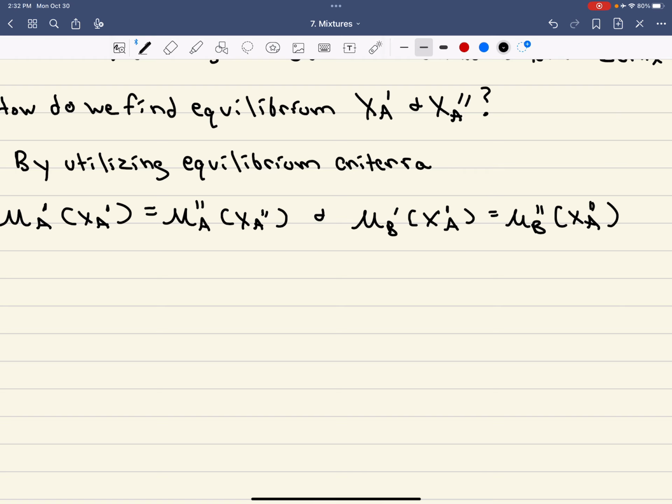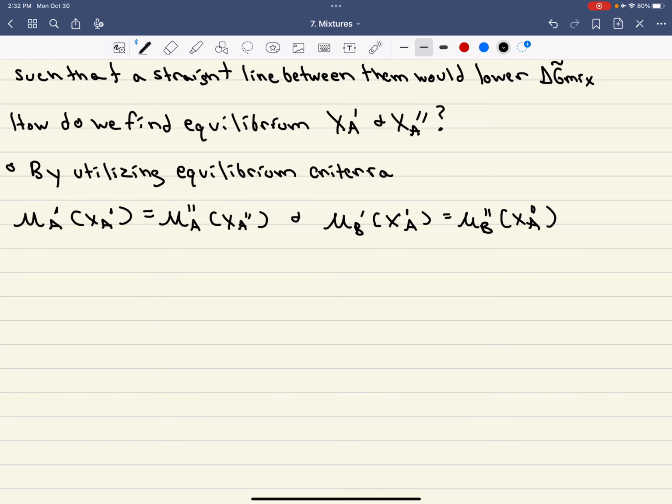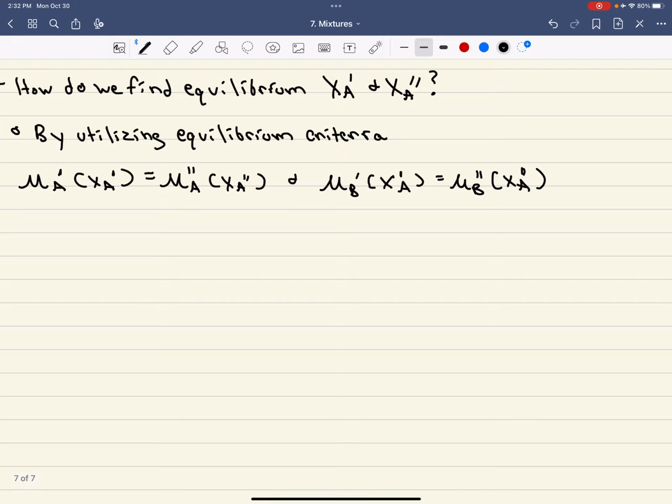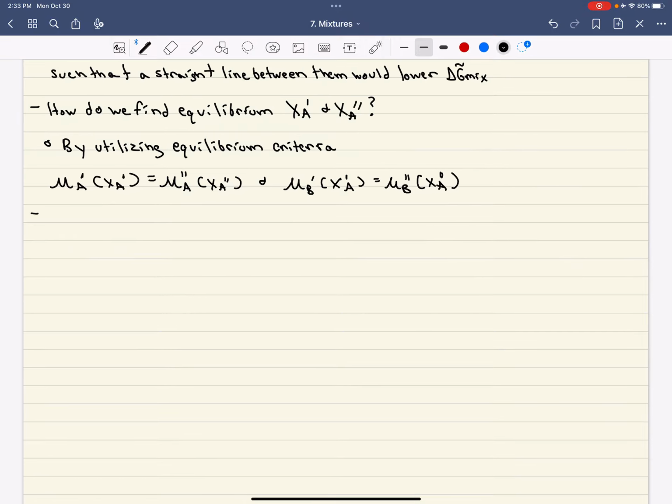Right? And in order to institute this criteria, we're going to use what's known as the common tangent construction. So we can identify this condition using the common tangent construction.